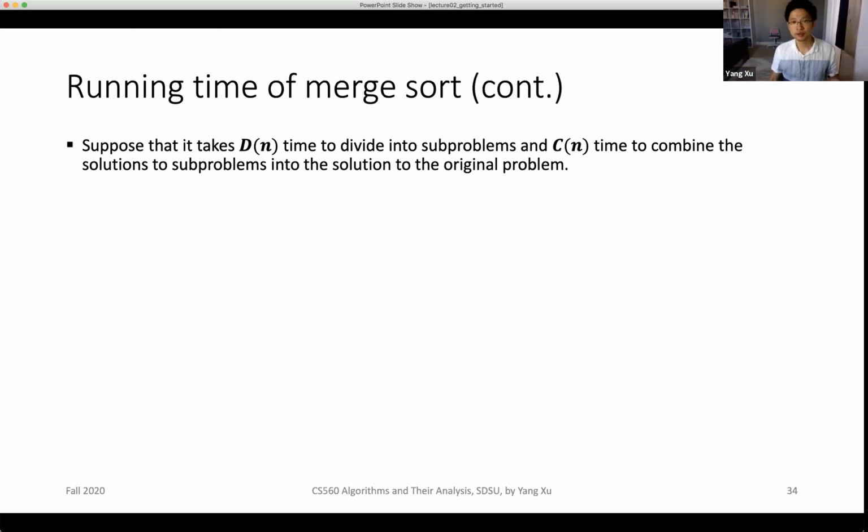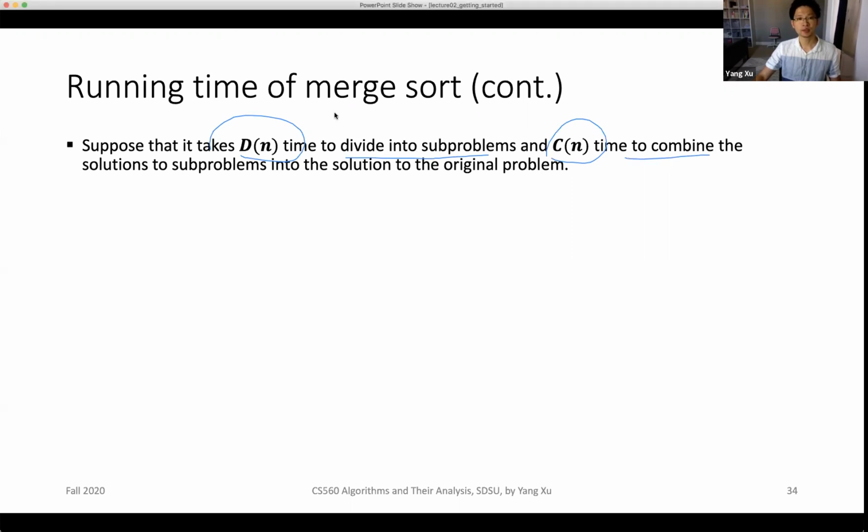Sometimes dividing the problem costs us some time and computational resources, and combining the solutions may also take extra time. So we just use some arbitrary functions to denote the amounts. Let's say it takes d of n time to divide into subproblems and c of n time to combine.